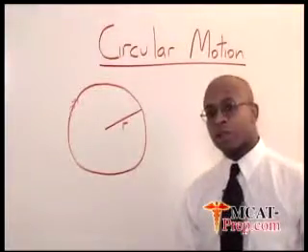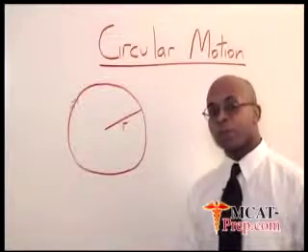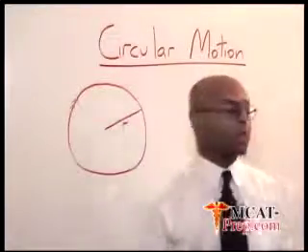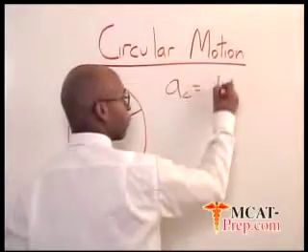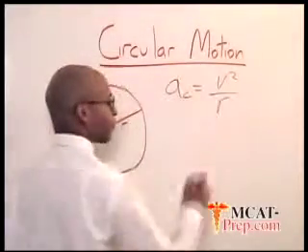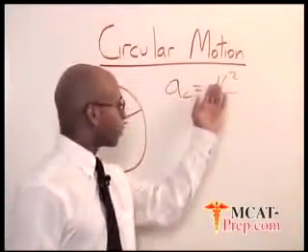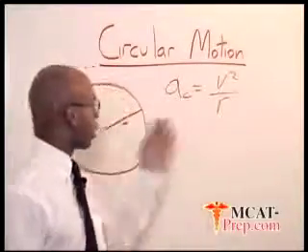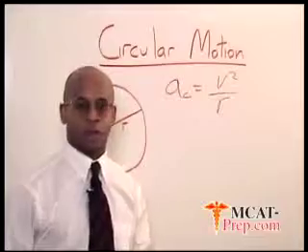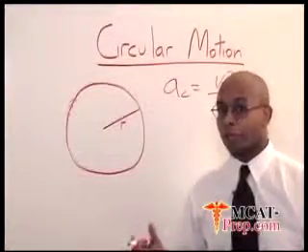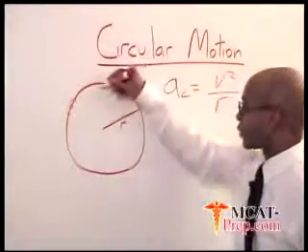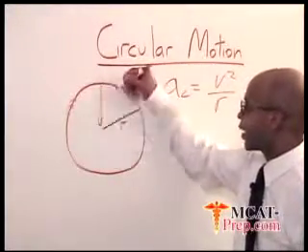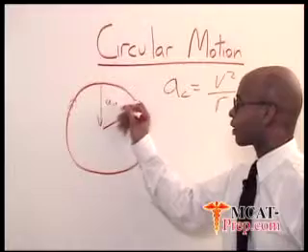The acceleration we call the centripetal acceleration. We calculate the centripetal acceleration as v squared over r. So v, the velocity, squared over r, the radius of the circle. The centripetal acceleration is directed towards the center of the circle. So we can draw the vector in this way, and that is the centripetal acceleration.